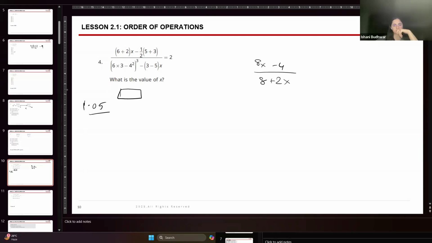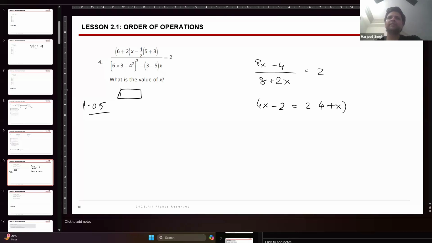This is equal to 2. So can I say factor of 2 is common? So I'll just write 4x minus 2 is equal to 2 times 4 plus x. So 2x equal to 10 and x equal to 5. There's no choice, you have to answer this.